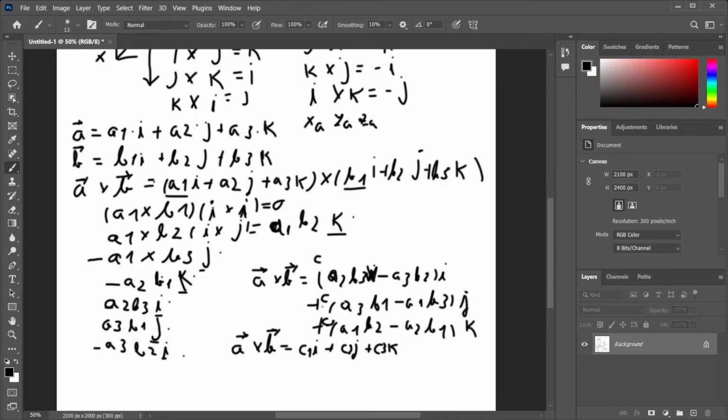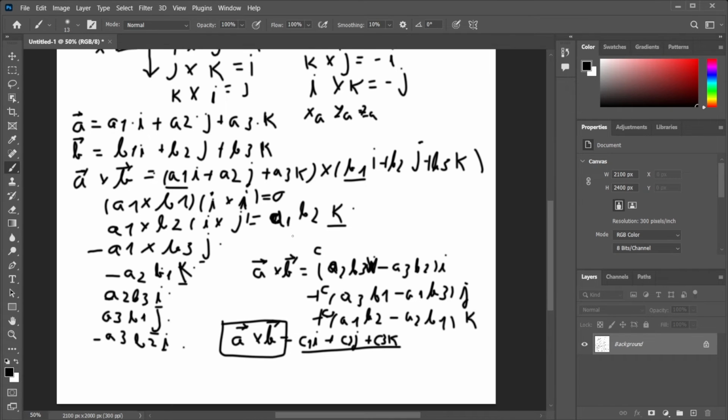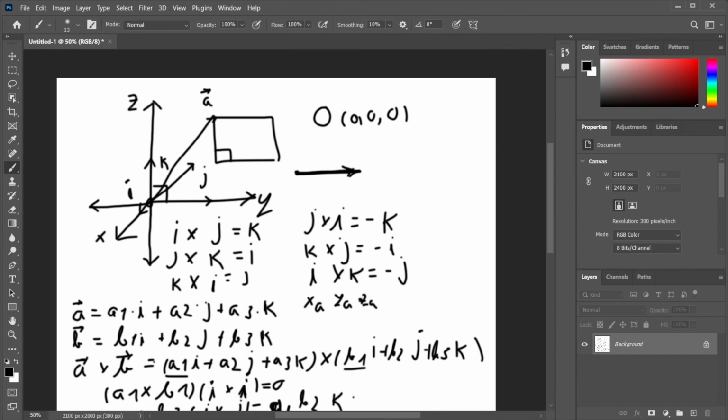It does matter if these lines are collinear, but if they are not in the same direction, this product will result in a vector c perpendicular to these two vectors at the point where they meet. x and y meet at the origin, and you can see that z is perpendicular at the origin.